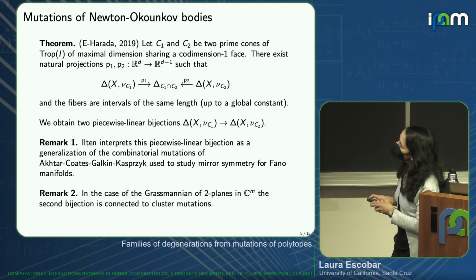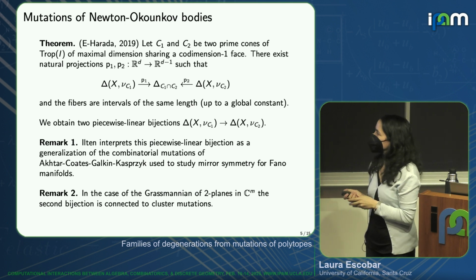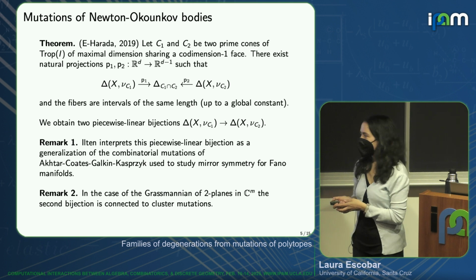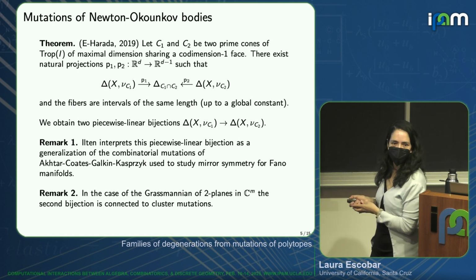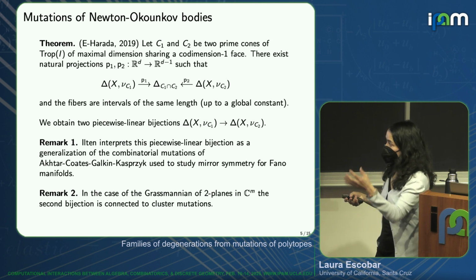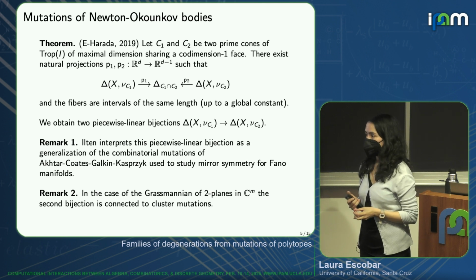I cannot believe I forget the title of our paper. In the end we should have been calling it mutations, but we call it something else. Really, these maps should be called mutations because of this reason, and also because in the case of the Grassmannian of 2-planes in C^n, as I said before, the reflect-shift is connected to cluster mutations.